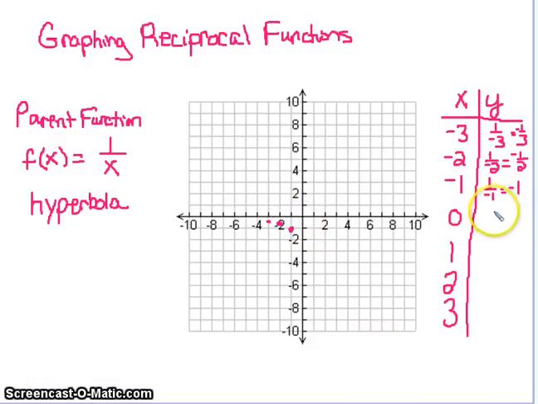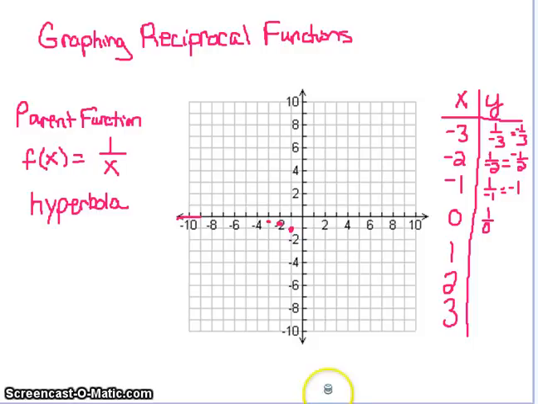We plug in 0, we get 1 over 0. And that doesn't work. The reason that doesn't work is because we could never, ever divide by 0. We've talked about dividing by 0, and if you have a graph where you are dividing by 0, we have an asymptote.